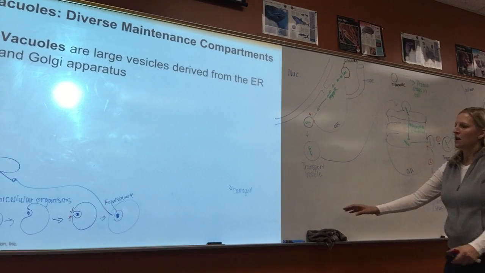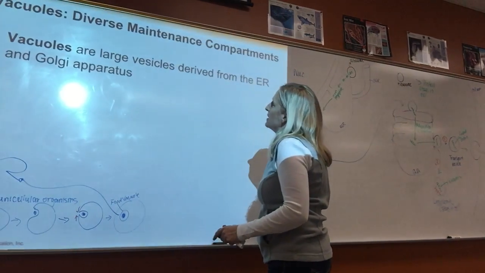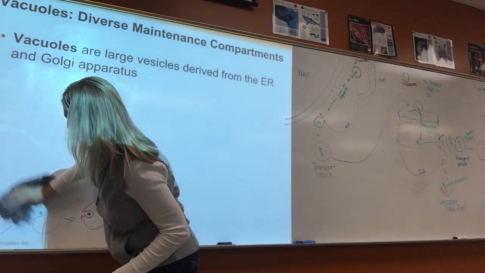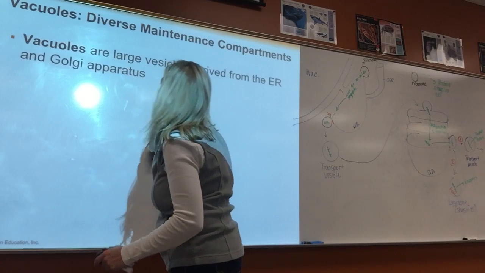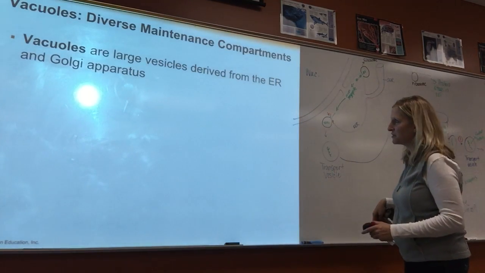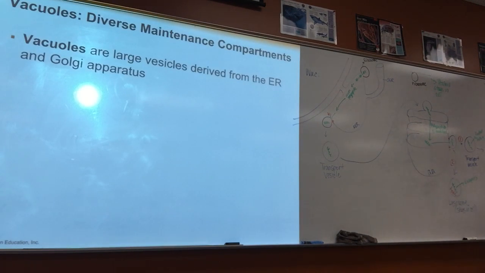All right, we're going to add on to this picture in just a second here. Another thing that can be made is the vacuole. They're large vesicles derived also from the ER and the Golgi apparatus. So let's add on to this. So I have here pathway number 1, pathway number 2. Let's add pathway number 3 here. So the third thing that could go on here is that this budding off of the Golgi apparatus can become a vacuole.